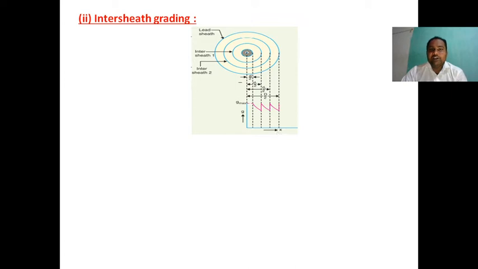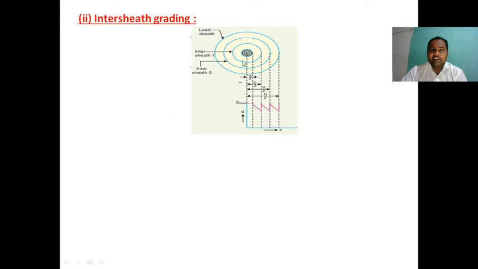Potential distribution and the distance are inversely proportional. Already we discussed where we have the maximum potential gradient. If you observe the diagram, the layer nearer the conductor has the maximum gradient, and the outermost layer has the minimum gradient.